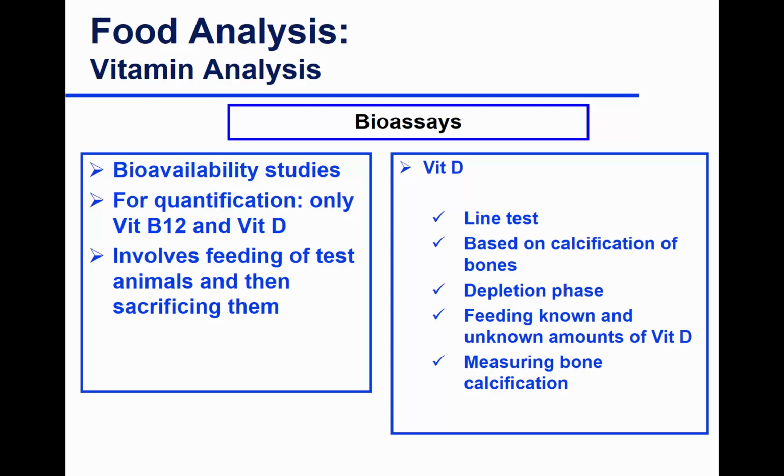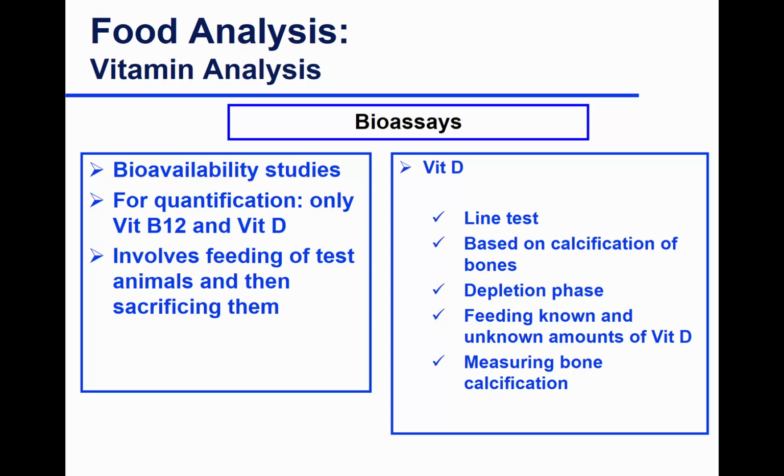For vitamin D and vitamin B12, you can do microbial assays, and for vitamin D, there are several AOAC methods based on HPLC analysis. But in the case of bioassays, it's feeding trials using animals and then sacrificing them.